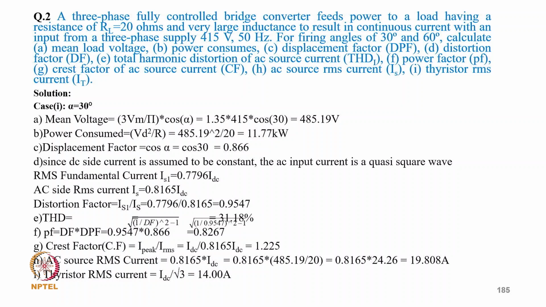Since the DC side current is assumed to be constant, the AC side current is a quasi-square wave. The fundamental RMS current is Is1 equal to 0.7796 Id.